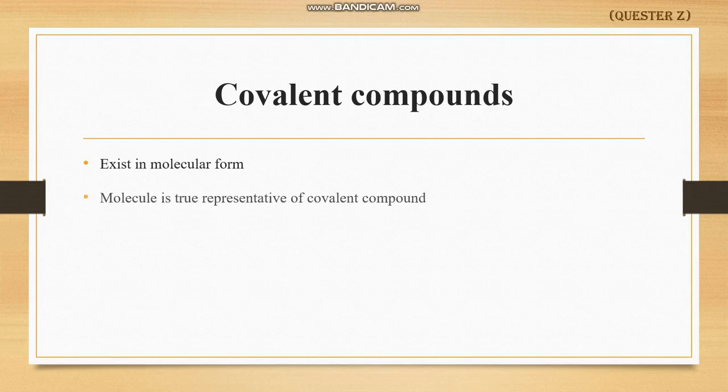So they exist in molecular form. Molecule is the true representative of covalent compound, represented by a molecular unit. For example, you have H2O, it exists as a molecule, H2O water, HCl hydrochloric acid, etc.